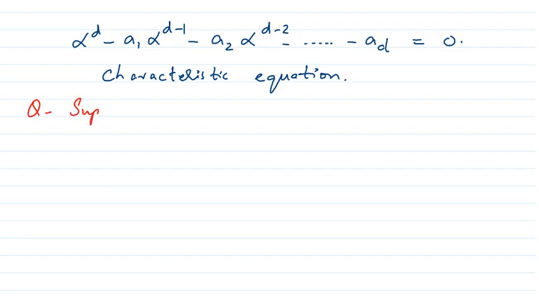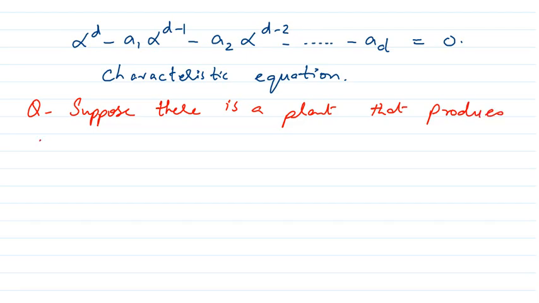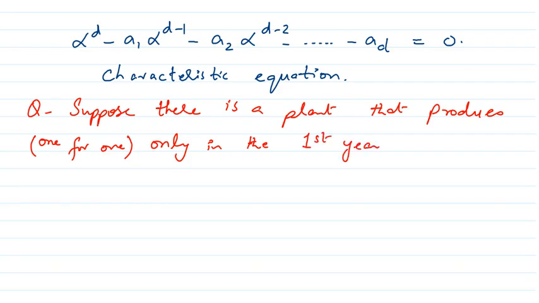Suppose there is a plant that produces one new plant only in the first year of its life.